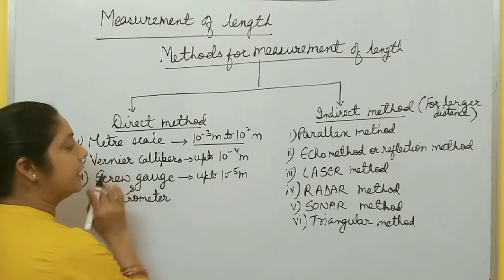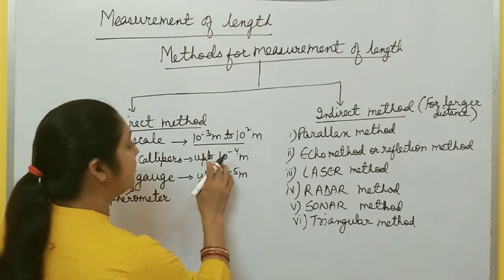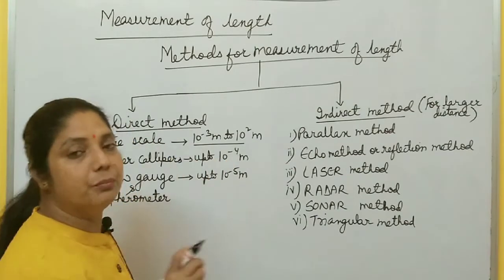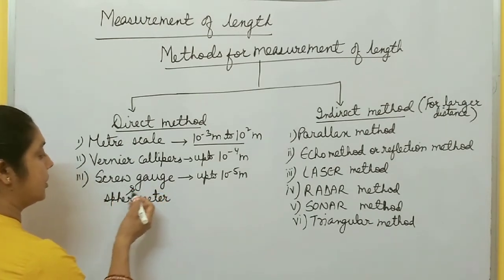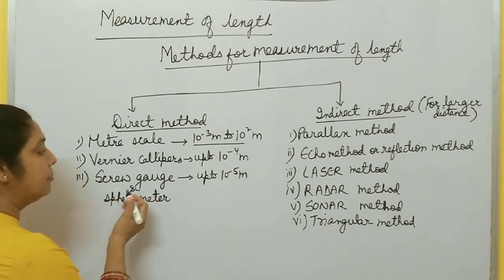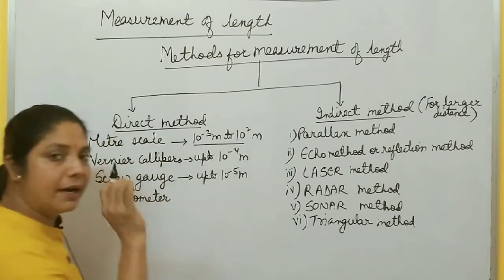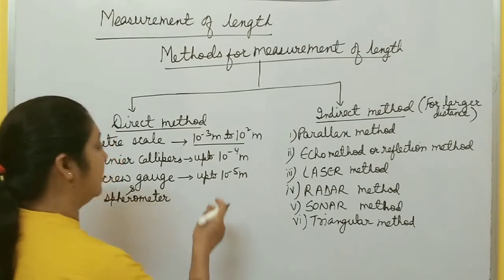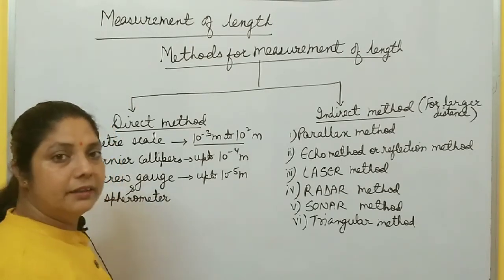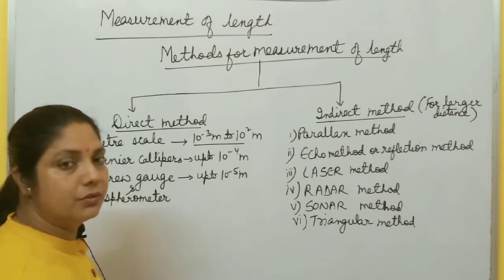Then with the help of vernier caliper, you can measure up to 10 to the power minus 4 meter smaller length, right? And then a screw gauge and a spherometer, with the help of screw gauge, you can measure up to 10 to the power minus 5 meter small length, right? And for other smaller lengths, you can also determine the size of electrons, atoms, nucleus.